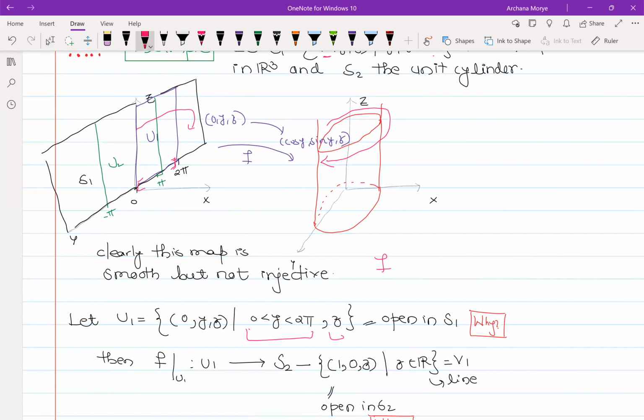So now F restricted to U1 to our cylinder is the map (y, z, 0) sent to (cos y, sin y, z), right? So now, is this a diffeomorphism? Is this a bijection in the first place? Certainly not a bijection, right? What is missing here?